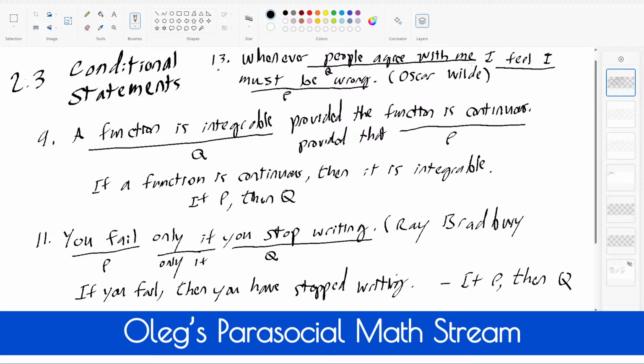If P then... Oh, P implies Q in the form of if P then Q. If I feel I must be wrong, then people agree with me. Yeah, I guess it kind of maintains the original structure. Close enough, as long as we get the alignment right.